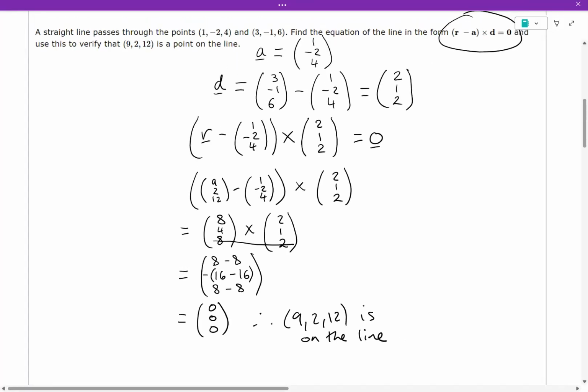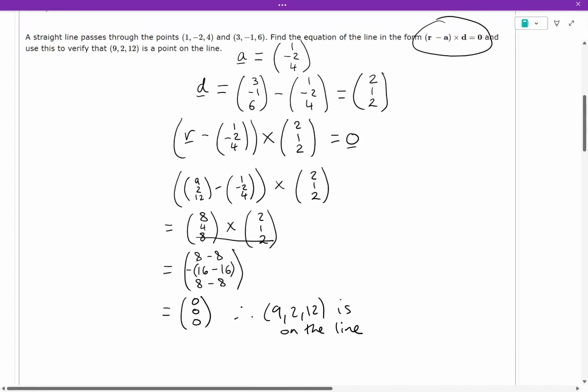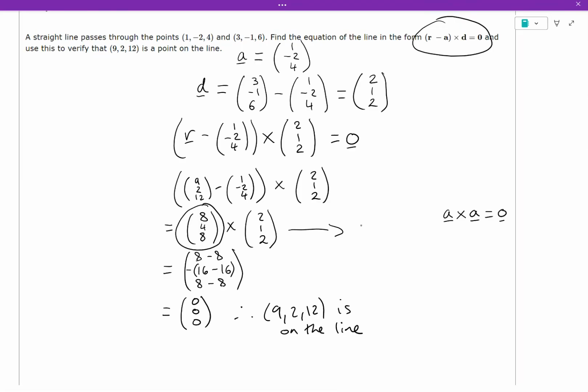Another way we could have approached this is if I go back to this line here. The key fact that we looked at last time is that if you cross product any vector with itself, the result is always the zero vector. If we look at this first vector here, we could pull out a factor of 4, because we've got a common factor.